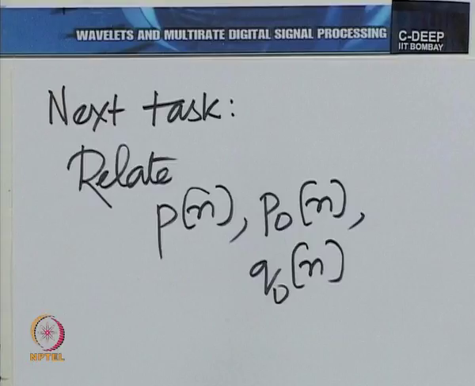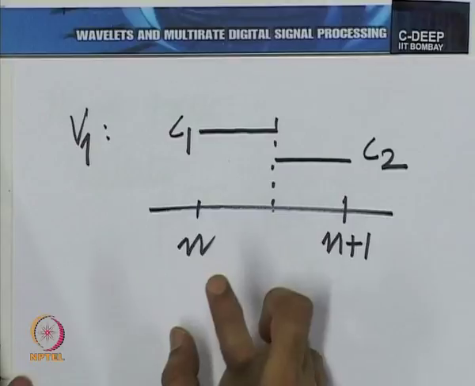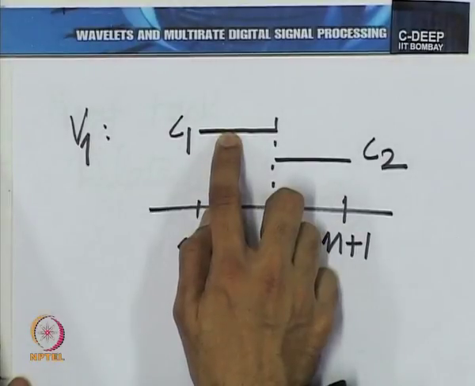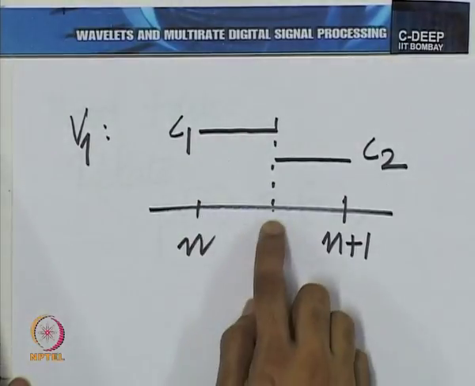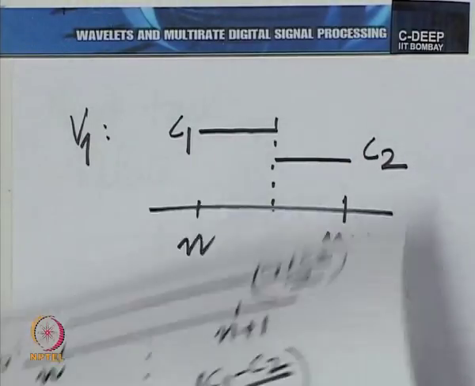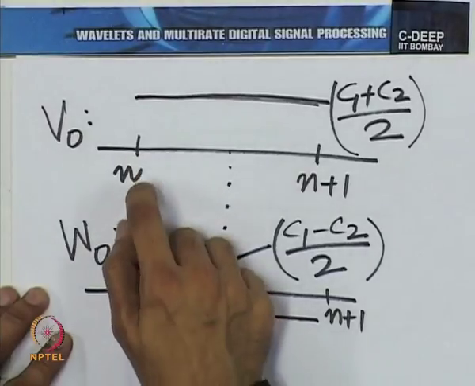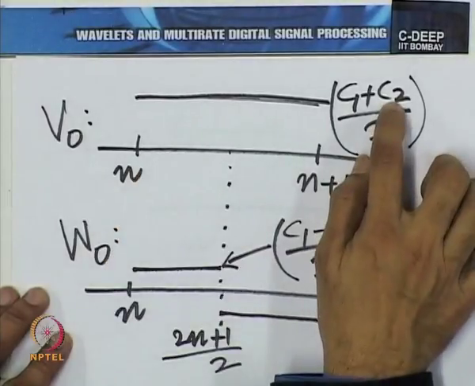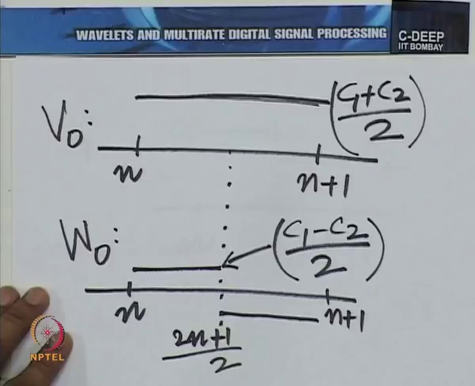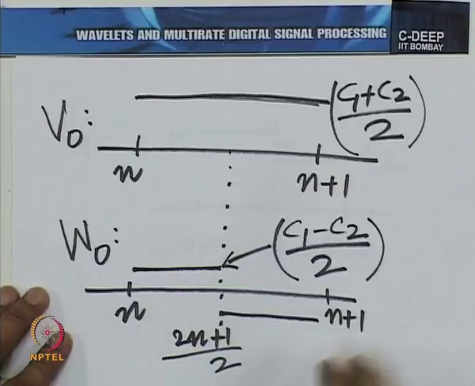So, we have the answer here. You see, P at the value 2n is C 1, P at the value 2n plus 1 is C 2, P 0 at the point n is C 1 plus C 2 by 2, Q 0 at the point n is C 1 minus C 2 by 2.